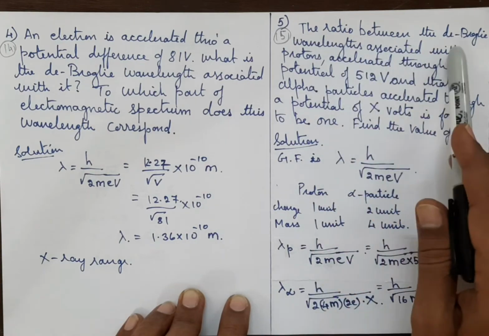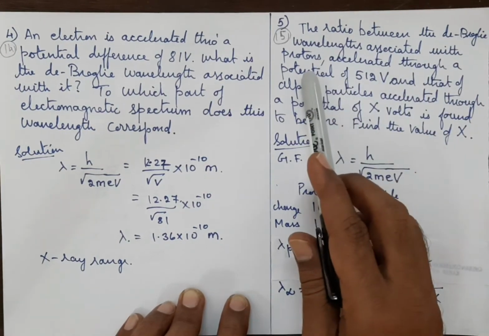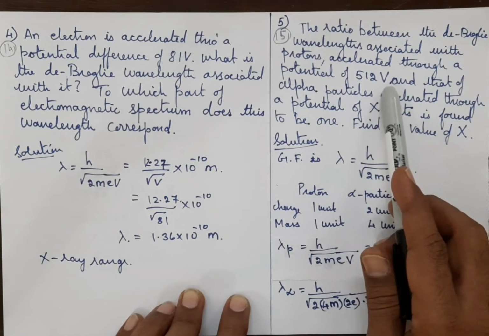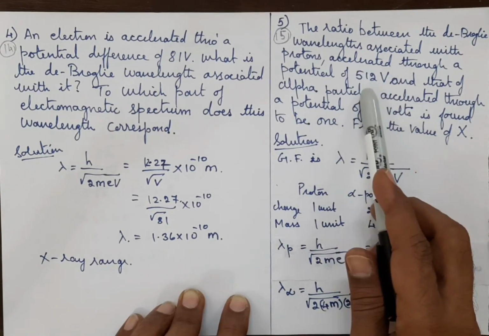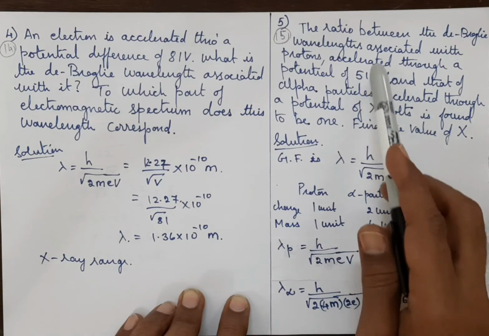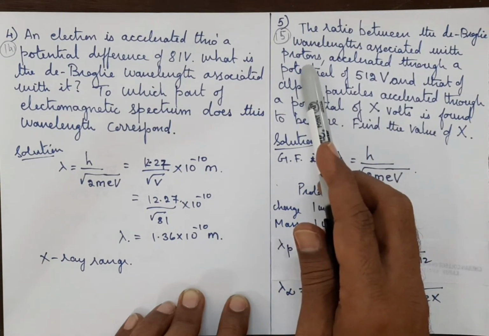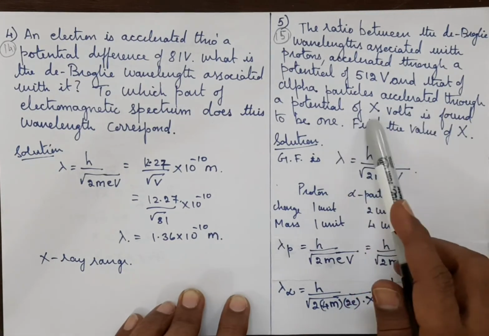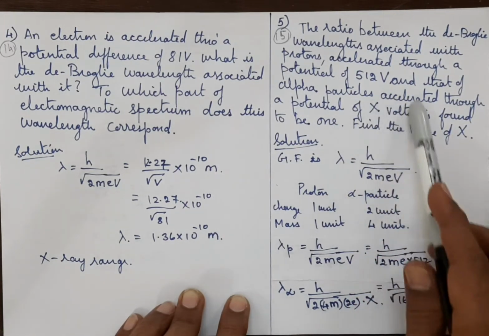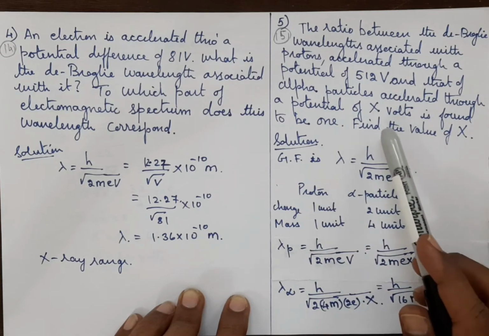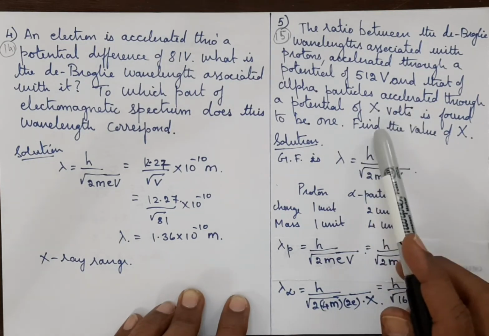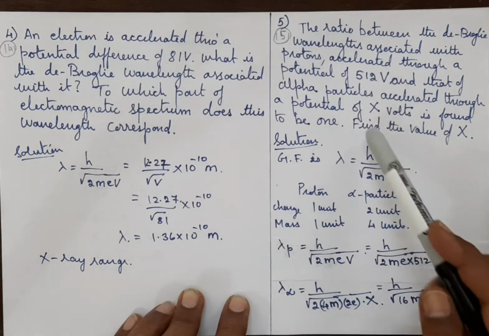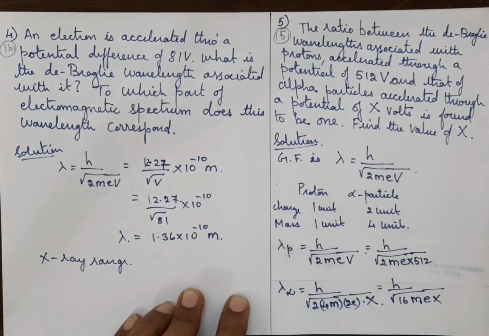The ratio between the de Broglie wavelength associated with the protons accelerated through a potential of 512 volt, and that of the alpha particles accelerated through a potential of x volts, is found to be 1. Find the value of x.